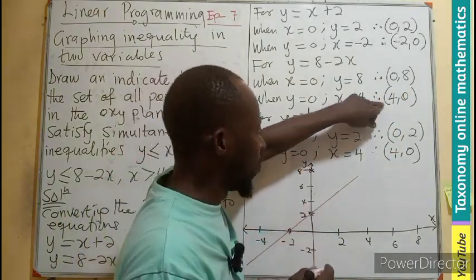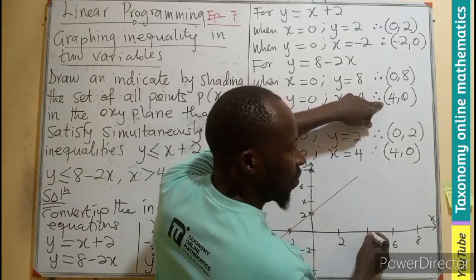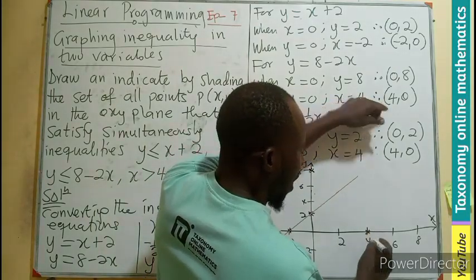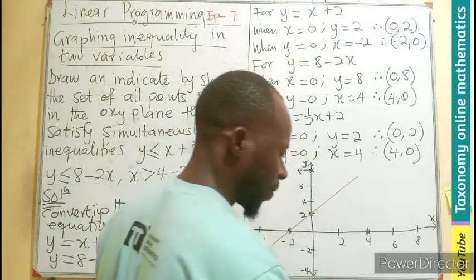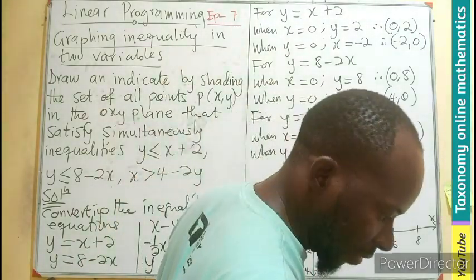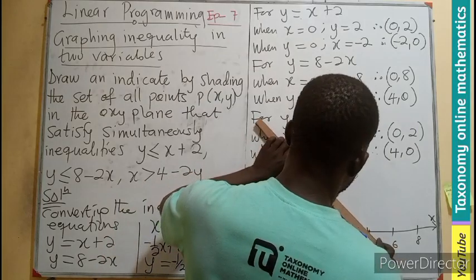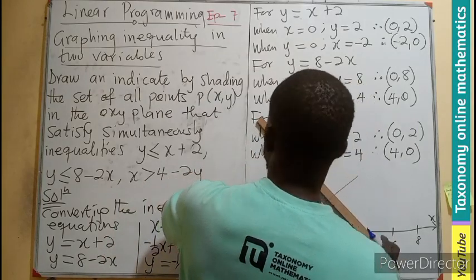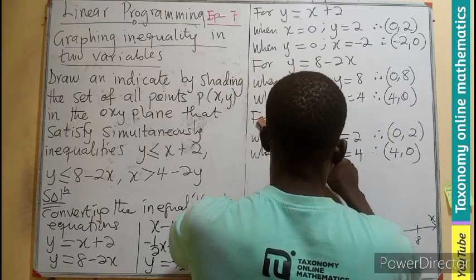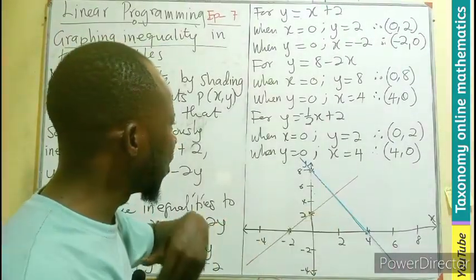Then 4 on the axis of x, 0. So another point will be there. That will also give us a proper line. So that also indicates that.